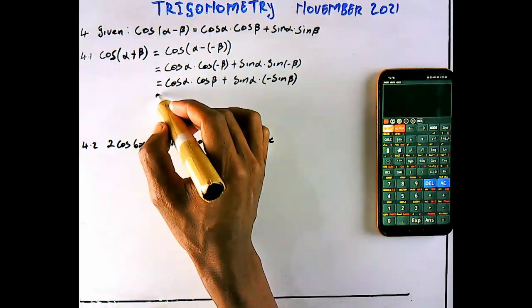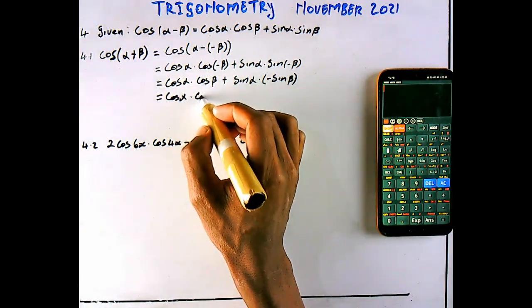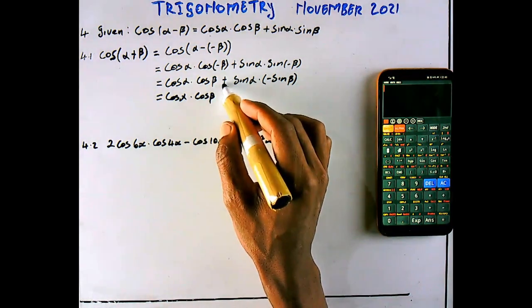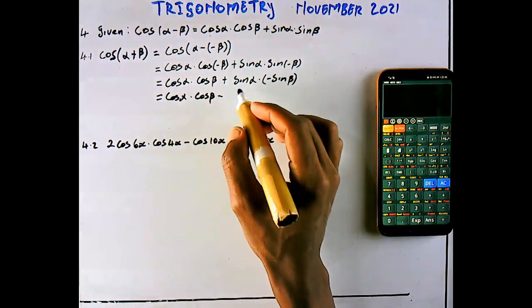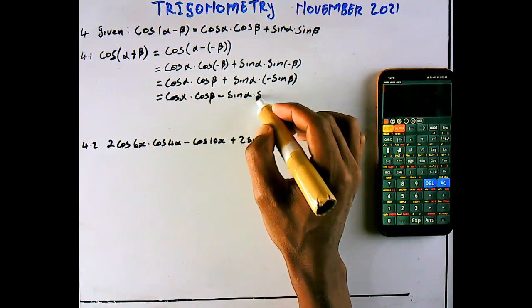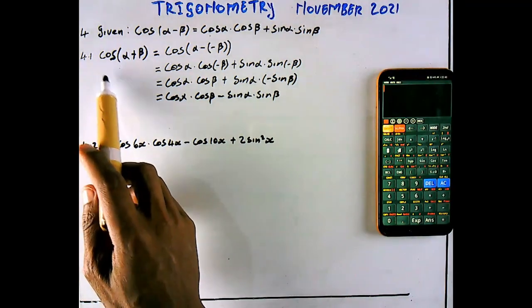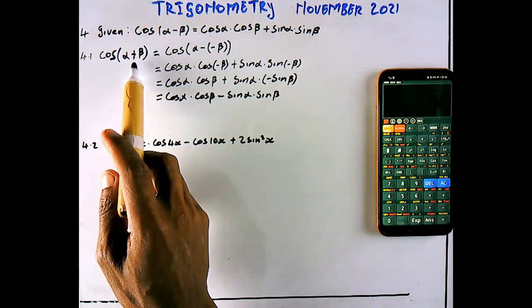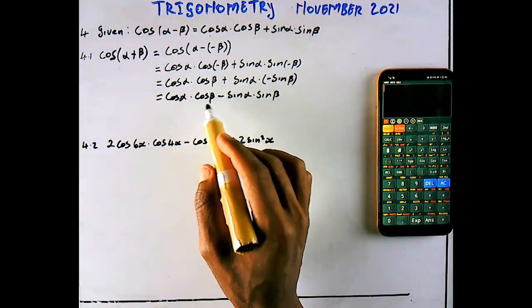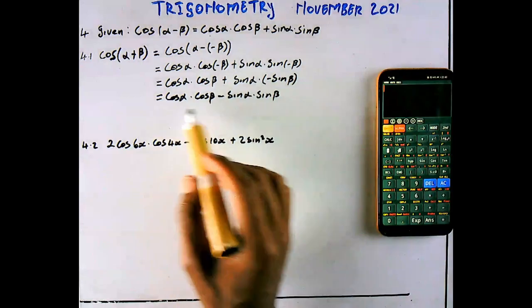Then cos alpha times cos beta, and multiplying this negative with this positive, we end up having negative sine alpha times sine beta. So the formula for cos alpha plus beta is cos alpha times cos beta minus sine alpha times sine beta.